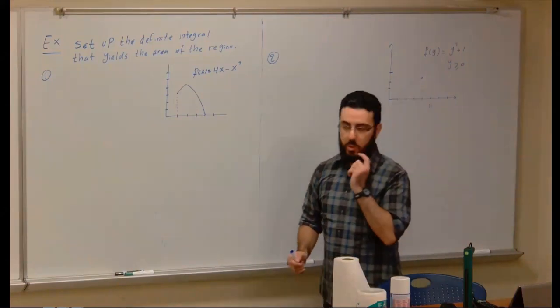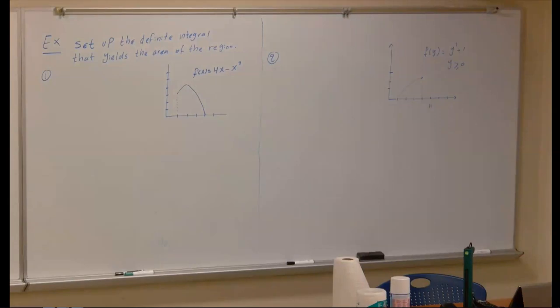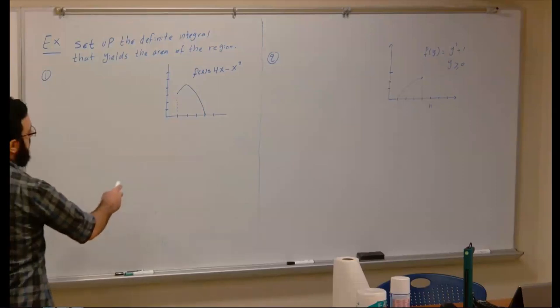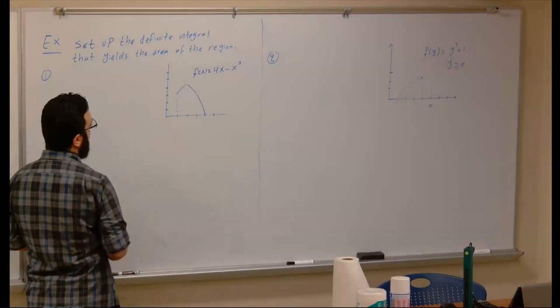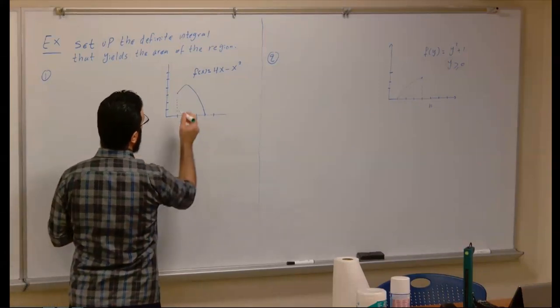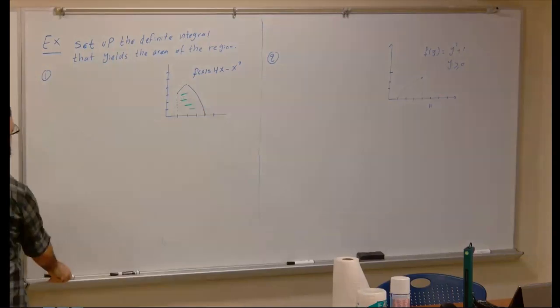So they're telling you to set up the definite integral that yields the area of the region. That's our goal. Of course, they're going to give you the function. This is our function, the graph of the function, and I need it from this point to this point, because that's what they're going to ask, find the area for this region. That means we need to set up the definite integral.